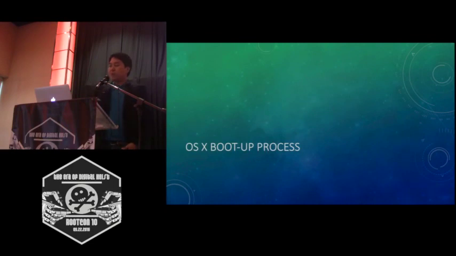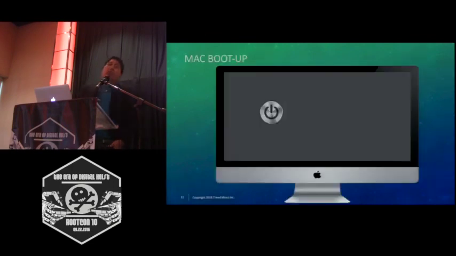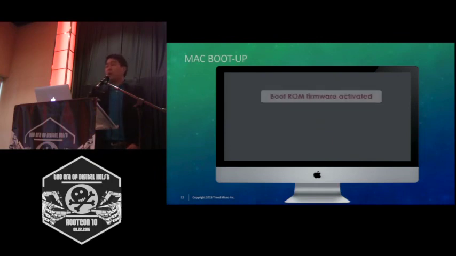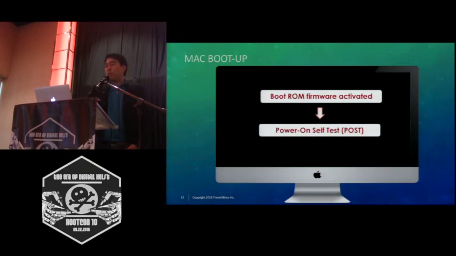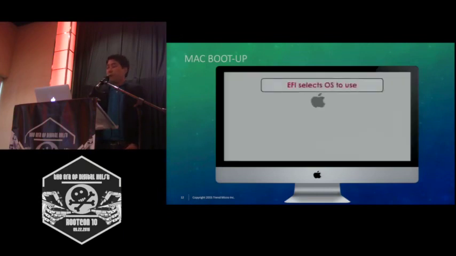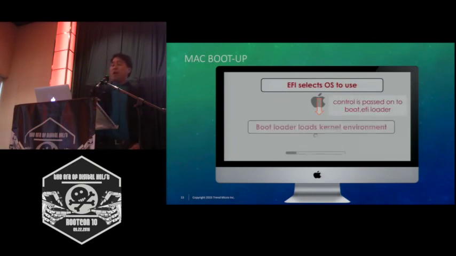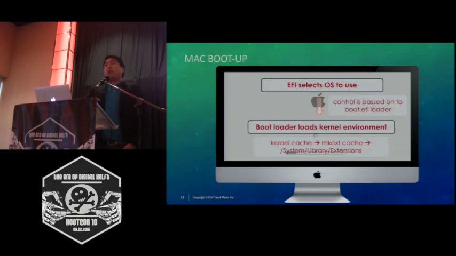First, when you turn on the Mac, the boot ROM firmware is loaded, then the normal POST, the power-on self-test. Then it initializes the bootloader, which is boot.efi, and loads the kernel environment and other drivers, or kernel extensions.